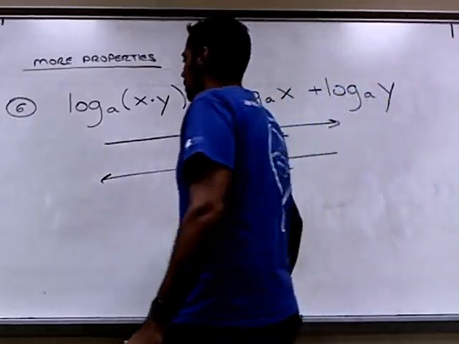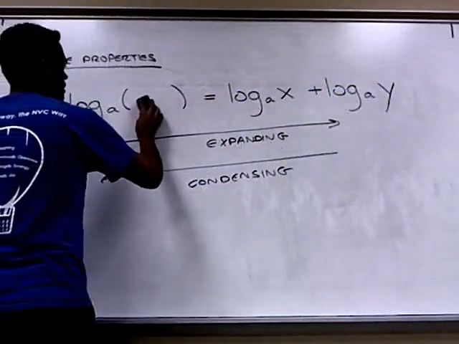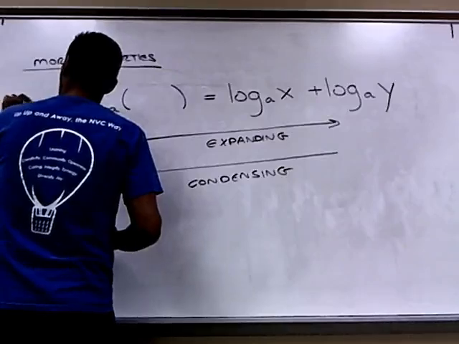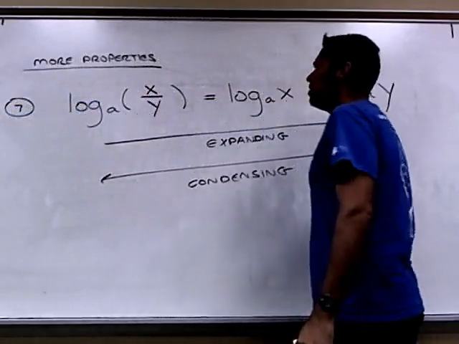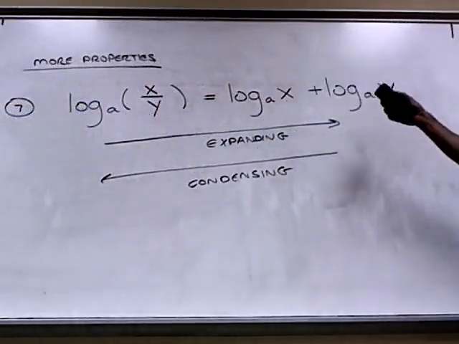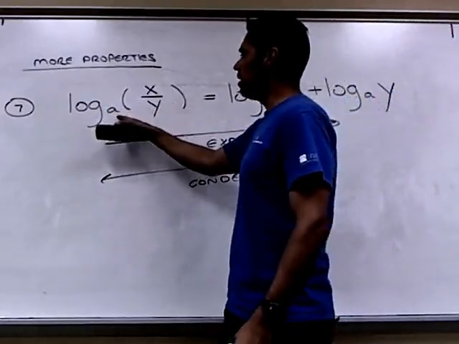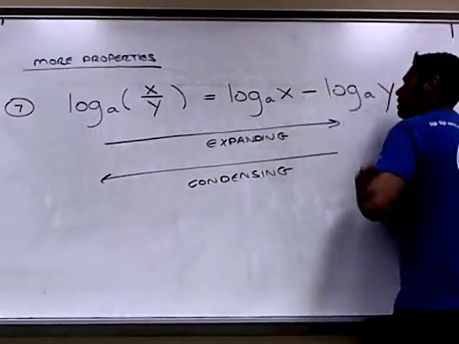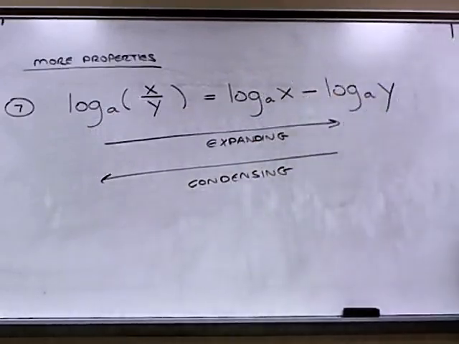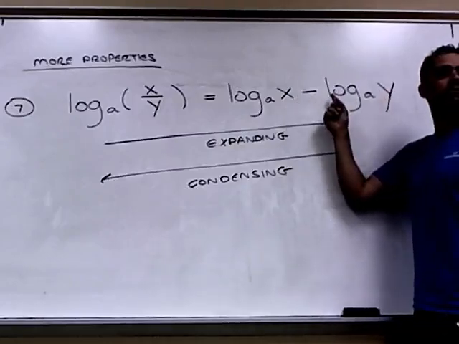Let's look at the seventh property. It's what happens if you have division inside. Well, what does your instinct tell you? It's going to be subtraction. And that's exactly what it is. If inside of a single log you have division, this will become subtraction. What's very important with this property is that the order matters.